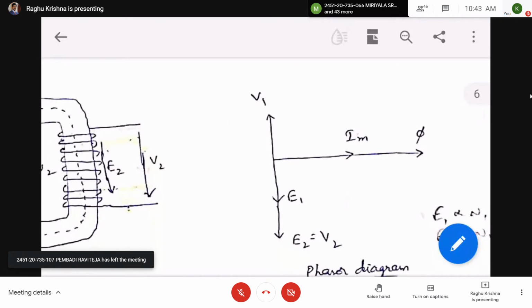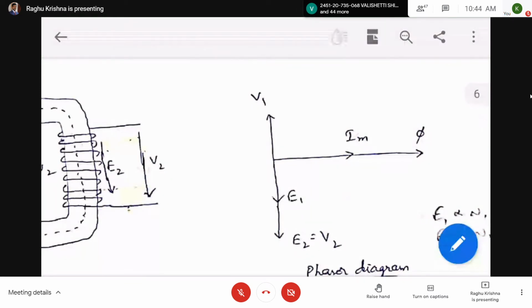I have drawn Im and I have drawn phi. Next, E1 is the induced EMF, that means the voltage across the inductor.